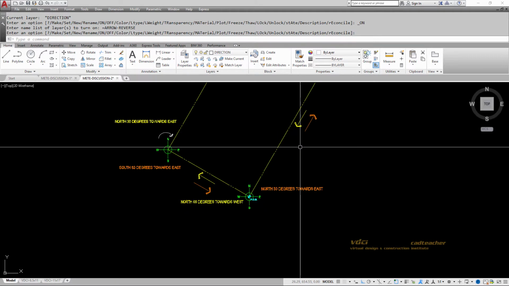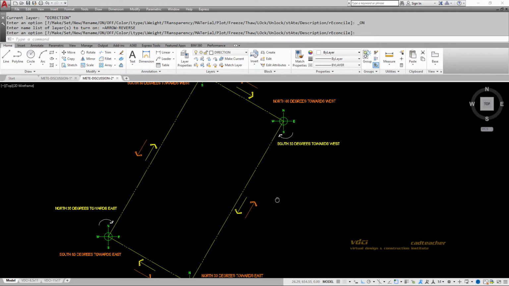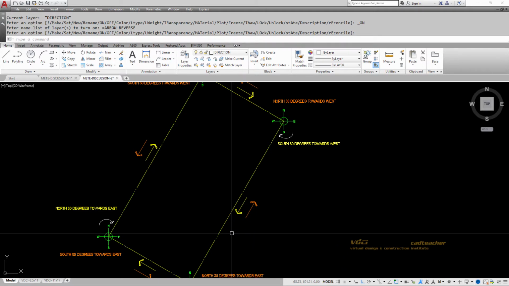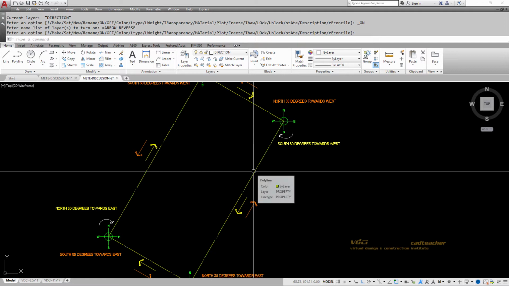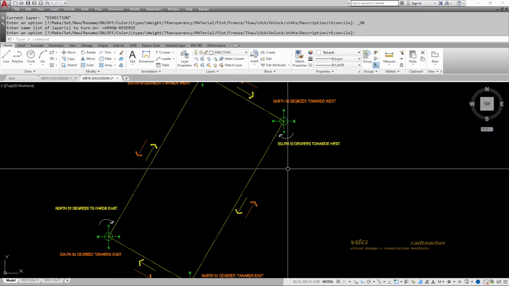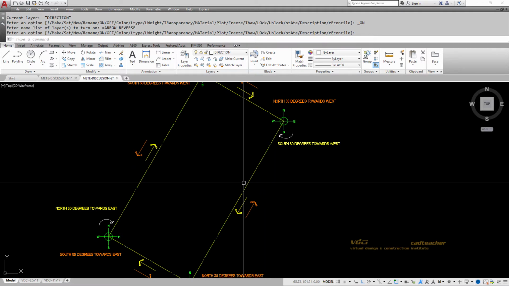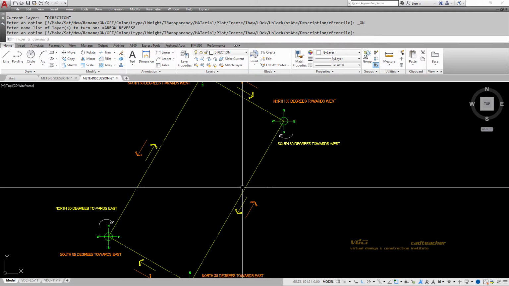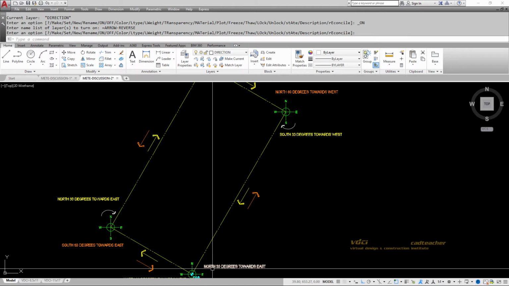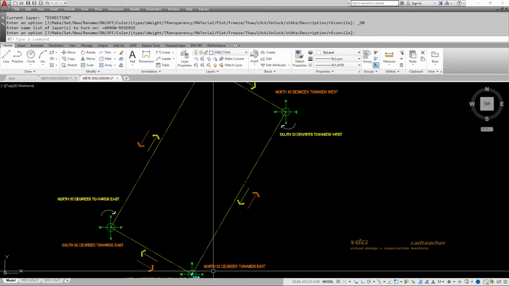Now let me just pan back a bit. When I was coming the other way, this line segment was measured south 30 degrees towards west. Whereas when I'm going counterclockwise, it's north 30 degrees towards east.